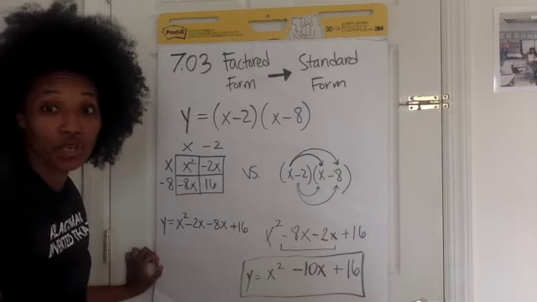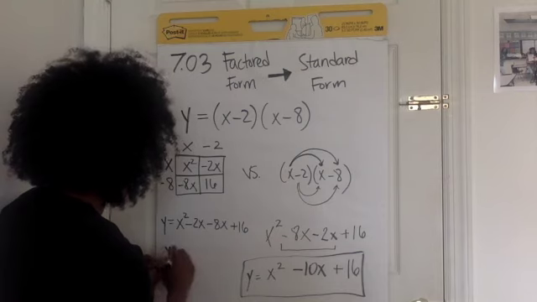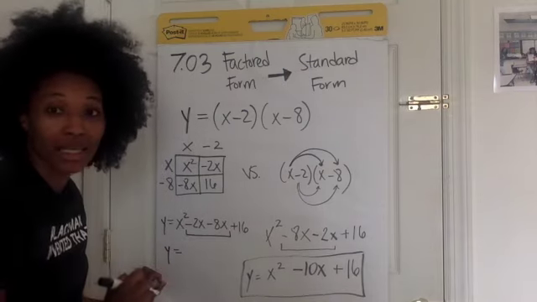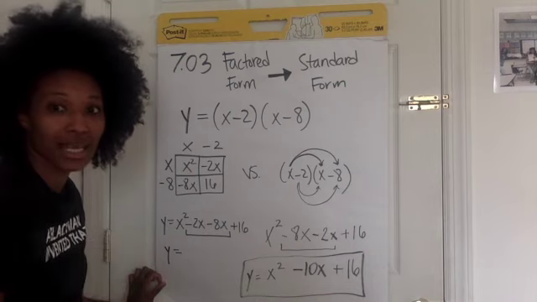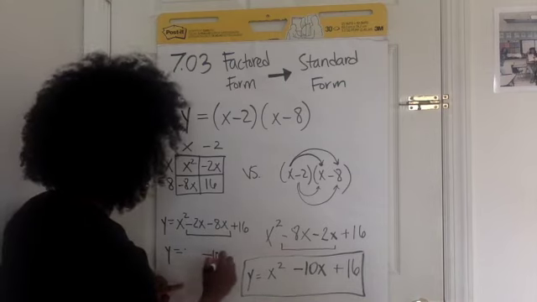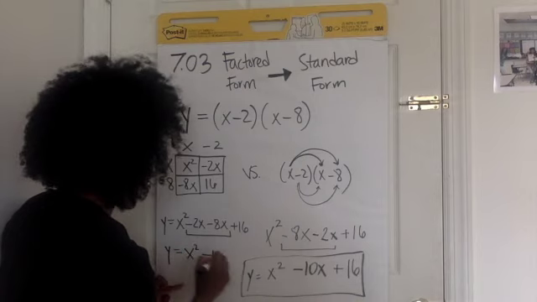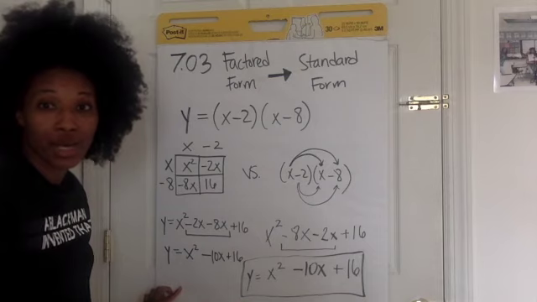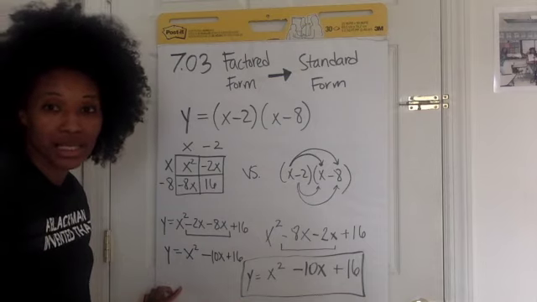Time to combine like terms. Y equals, in my calculator, I'm writing in -2 minus 8, minus 10x. Then I bring down my x squared, I bring down my plus 16, and I have my standard form equation.